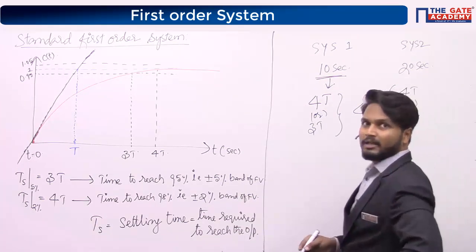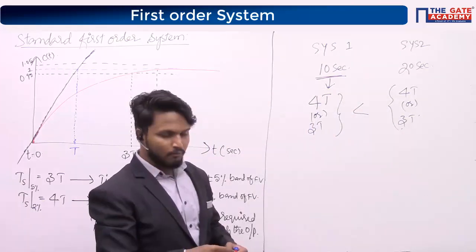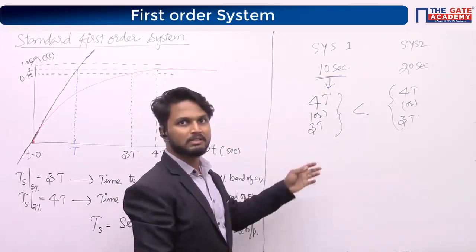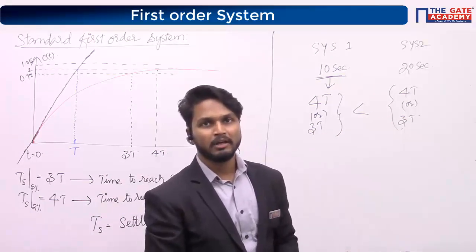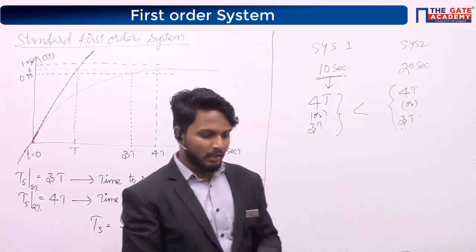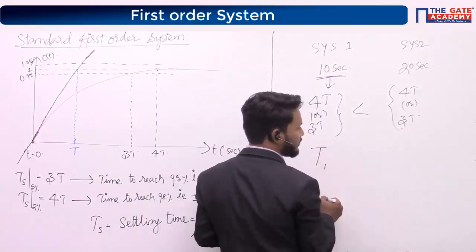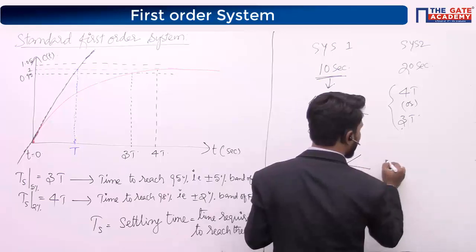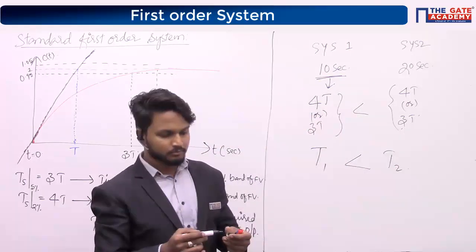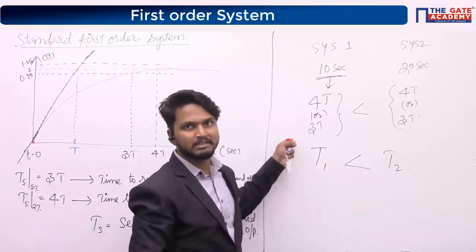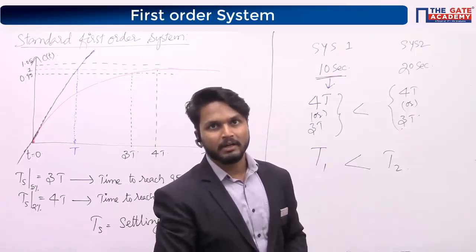If this system has a settling time of 10 seconds, 4 times the time constant for this system is less as compared to 4 times the time constant for this system. Yes or no? Which means the time constant for system 1, let us call it T1, is less than T2, the time constant of this system. Yes or no? Right?